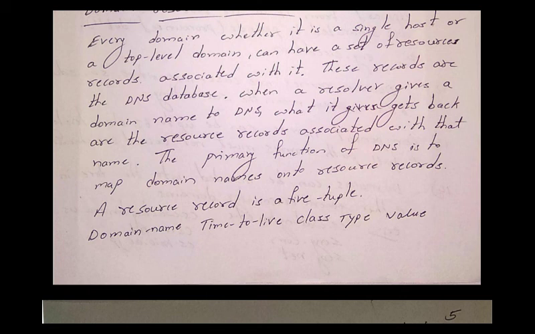The time to live field gives an indication of how stable the record is. If the record is highly stable, it is assigned a larger value such as 86400, that many seconds in one day. If it is highly volatile, it is assigned a small value such as 60, that is 1 minute.